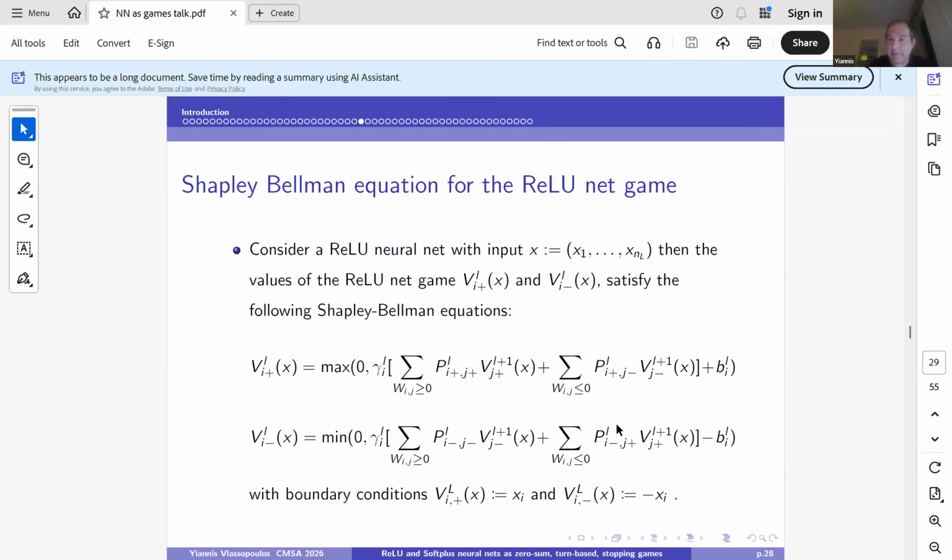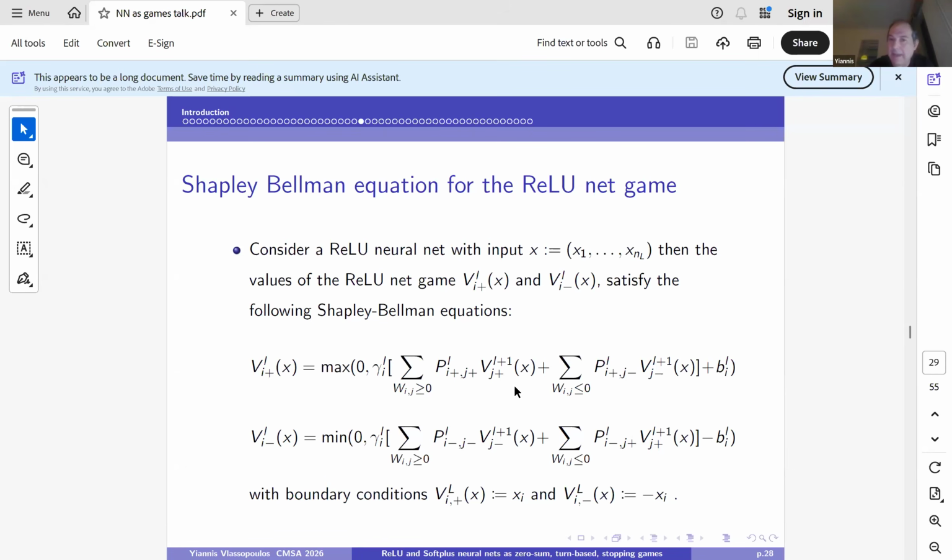If you go to the next state, then you have to take the average over all possible places you can go. If you're in Li plus, you have to go to either L plus one J plus or L plus one J minus, and there are different probabilities weighting these values. This is precisely the backward recursion.